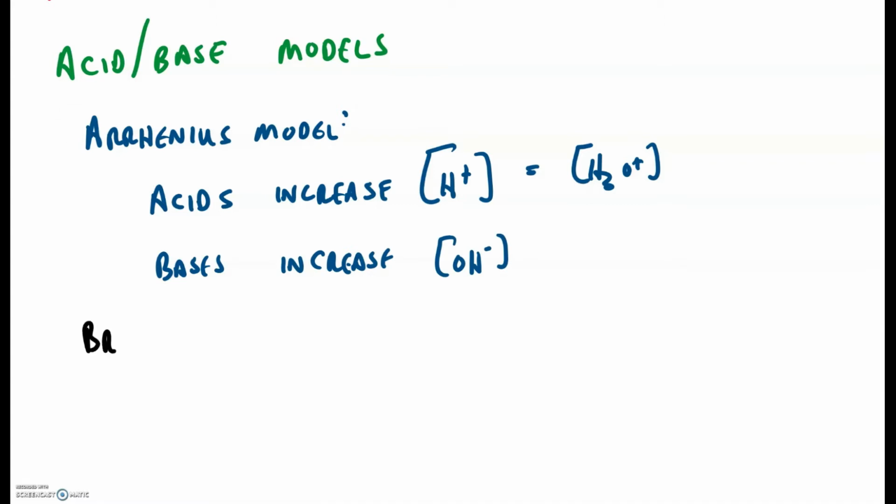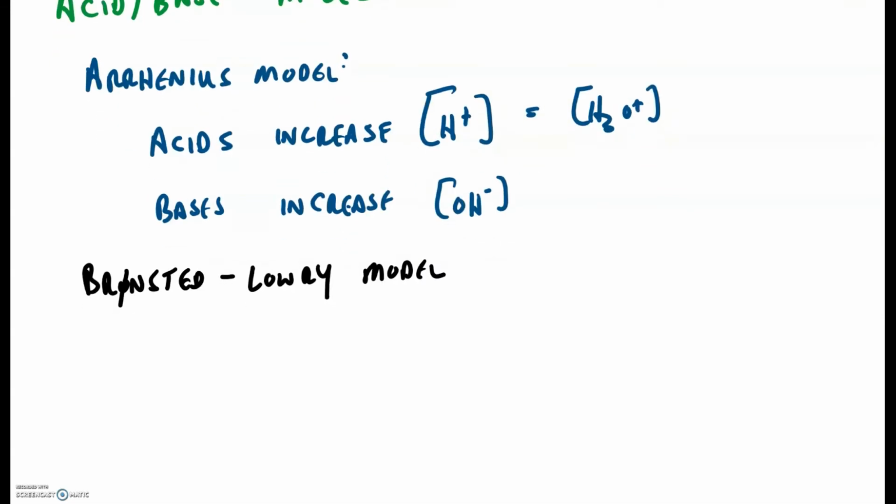Here's a different model that is saying the same thing, but from a slightly different perspective. We're going to call this the Bronsted-Lowry model. This guy's from Sweden, so he's got that funny looking O. According to the Bronsted-Lowry model, acids donate a proton. Now, before you start panicking, let's remember that H plus is a proton.